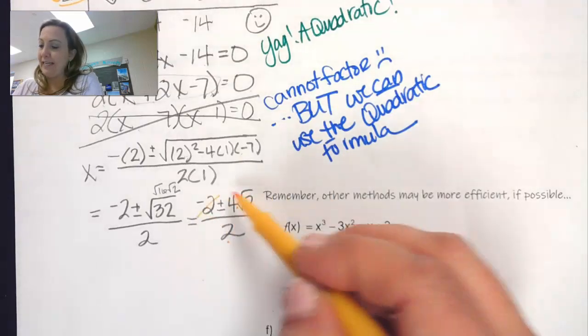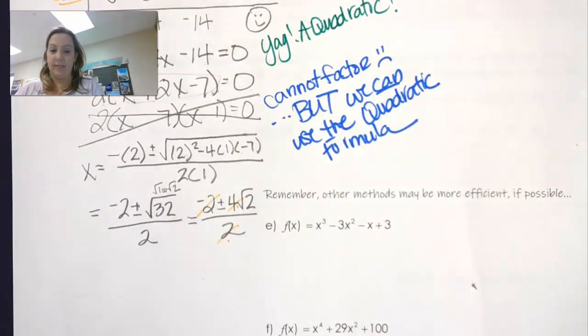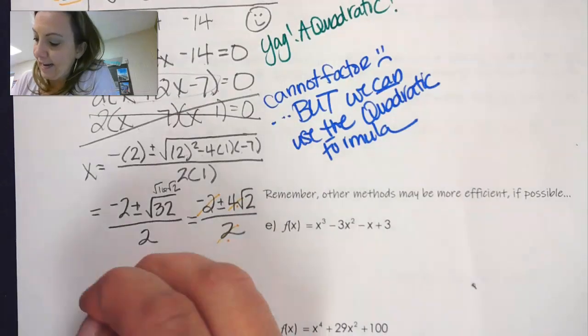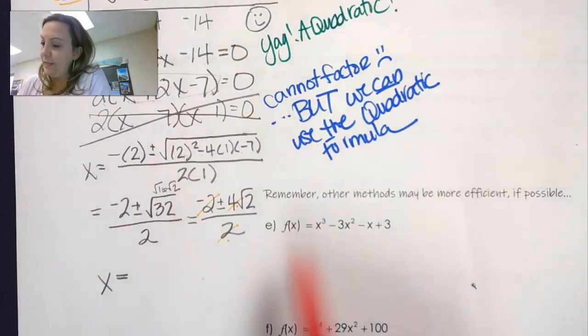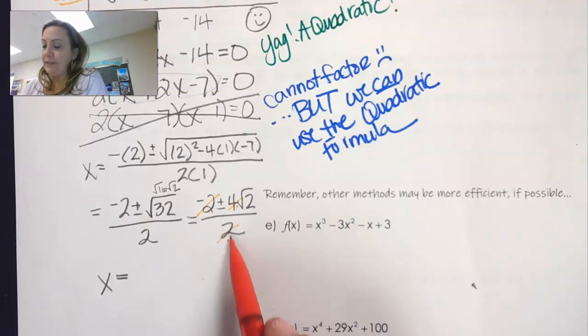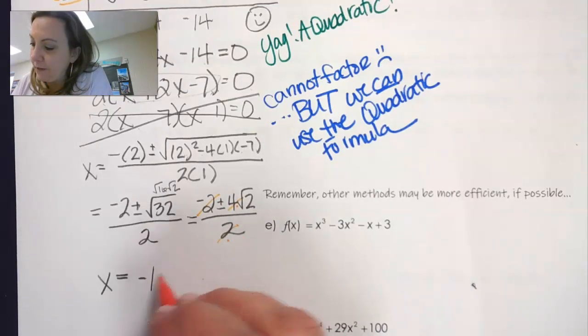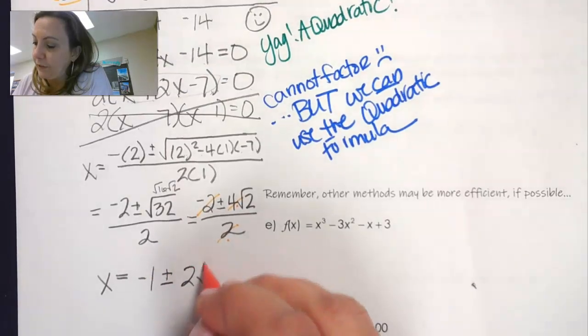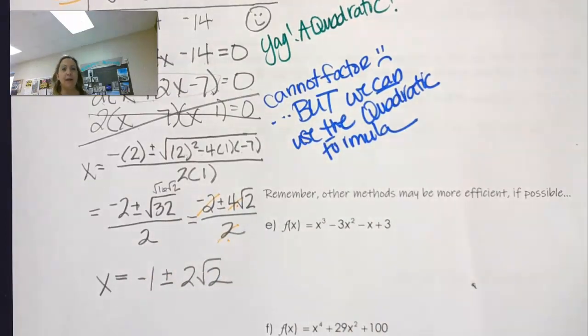So I can divide each of these by 2. And I can get that x equals, that's going to be a 1 in the denominator. So that's just going to be negative 1 plus or minus 2 root 2. Okay? And again, that's something that we did in a previous unit, just using the quadratic formula.